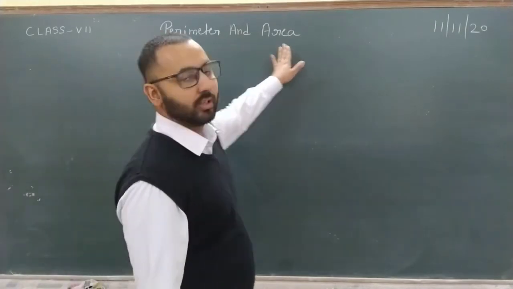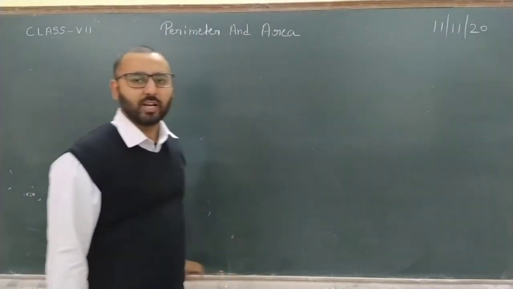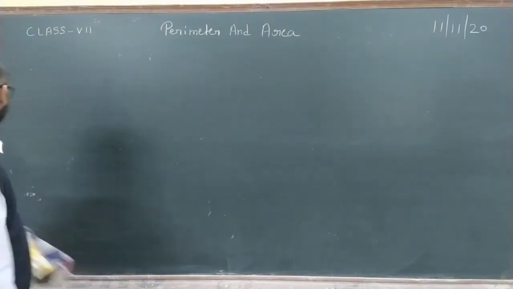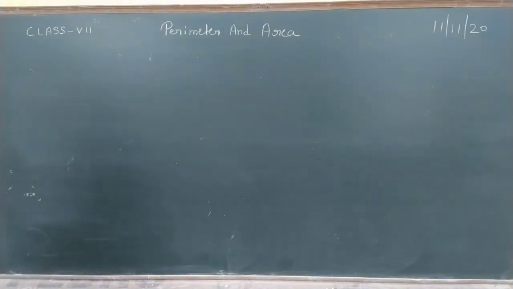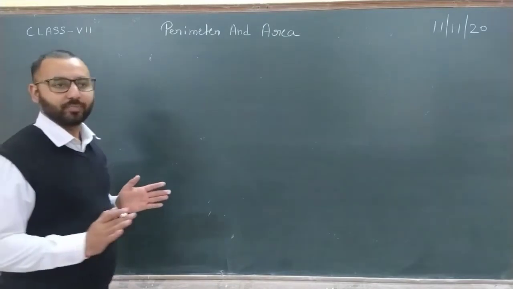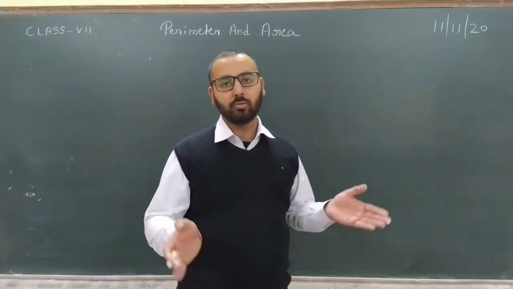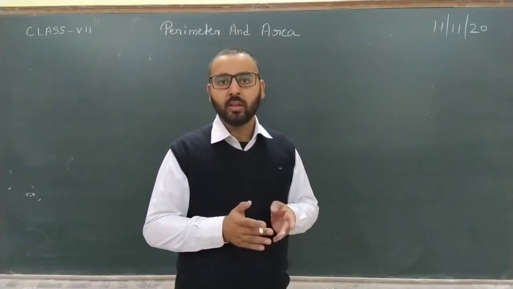Perimeter and area. So before starting the topic, let us discuss the meaning of these words, perimeter and area. First of all, perimeter means the distance around the complete shape.